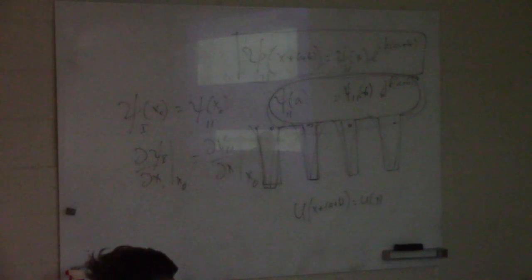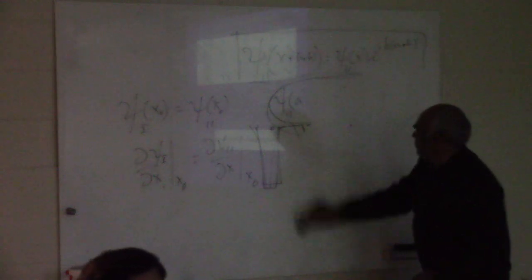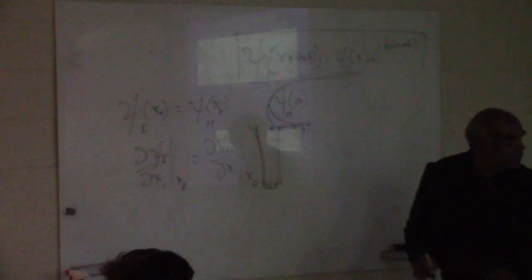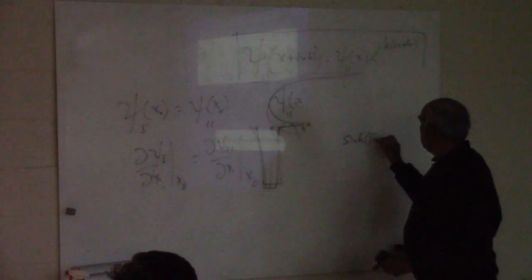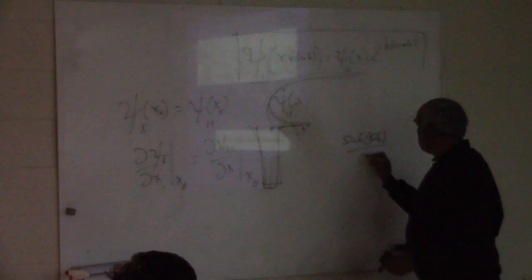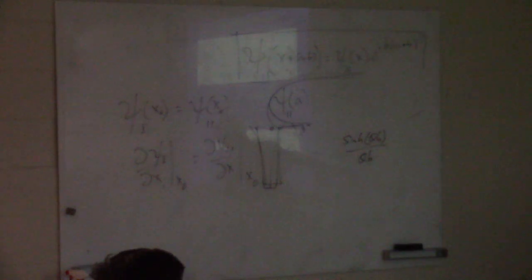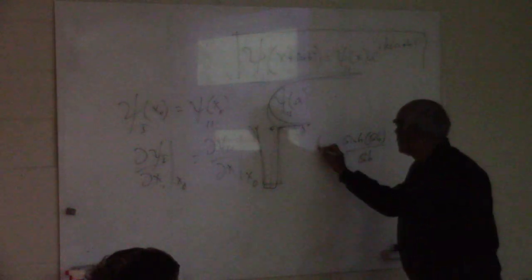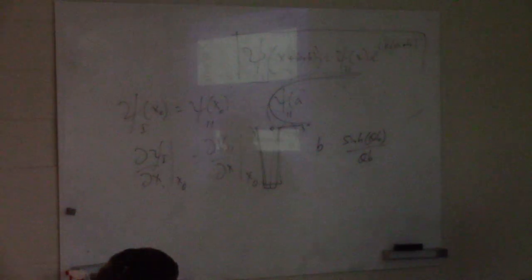I write sinh qb. Then this q is there, but there's no b, so I have to put b upstairs.